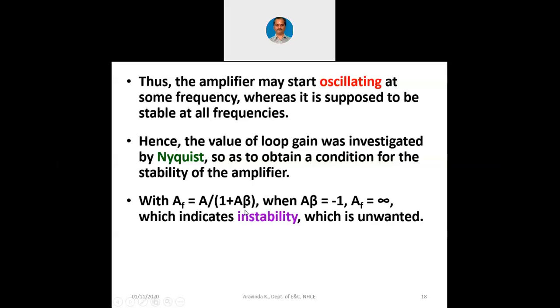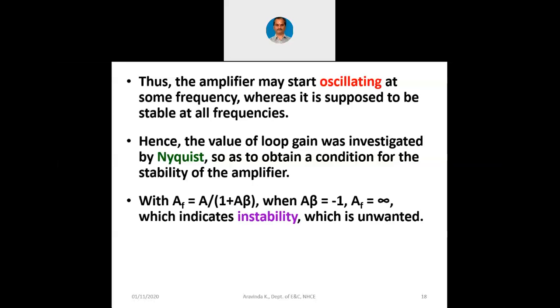First you understand the term A beta is going to play a major role now. That means the gain of the amplifier and the percent of the output taken back to the input by the feedback network, that product, if it is going to be minus 1, then AF is going to be infinity, or the feedback gain which was supposed to be lesser is now becoming infinity. Now this indicates instability, which means what?